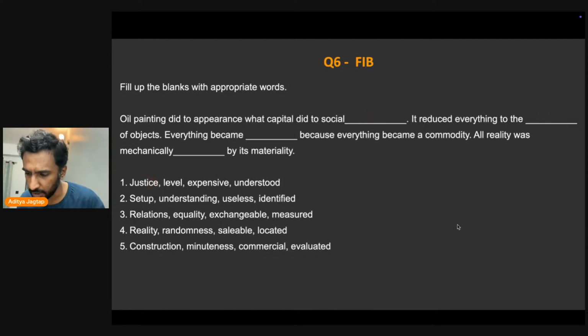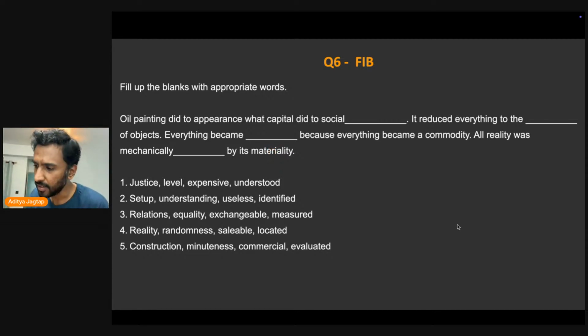If you notice, it could be justice, relations, reality. Construction doesn't really make sense. Setup is obviously invalid. Setup does not work. But I'm going to the option only for the sake of explanation. Initially, I'm simply reading the passage or the blank, and I'm trying to figure out what the author is essentially trying to talk about.